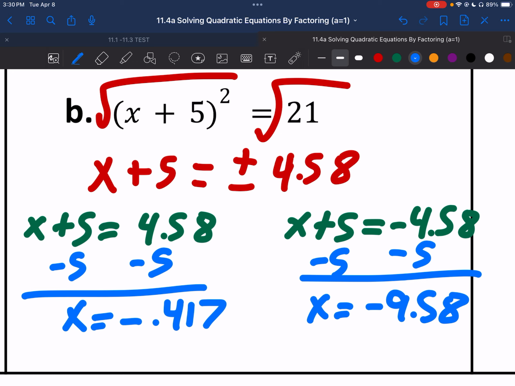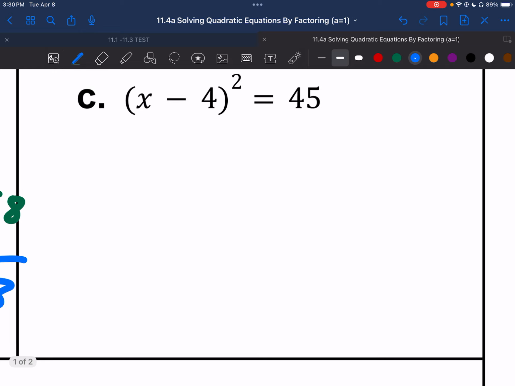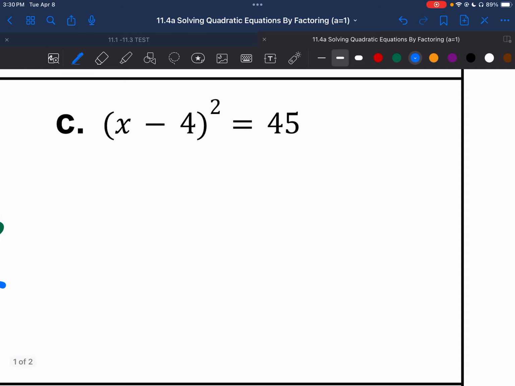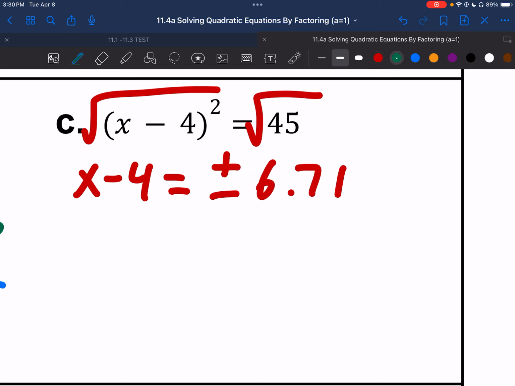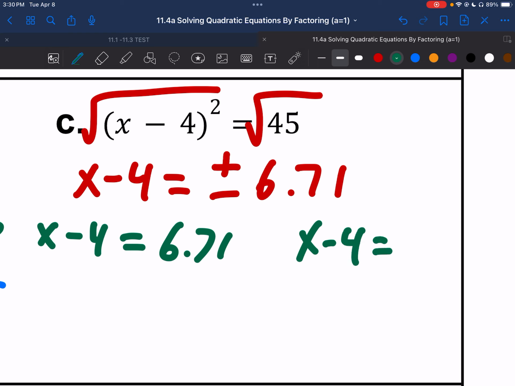All right, letter C, we have x minus 4, the quantity squared, equals 45. We take the square root of both sides, and we get x minus 4 is equal to plus or minus 6.71, which we split into two separate versions. X minus 4 equals 6.71 positive. X minus 4 equals 6.71 negative.